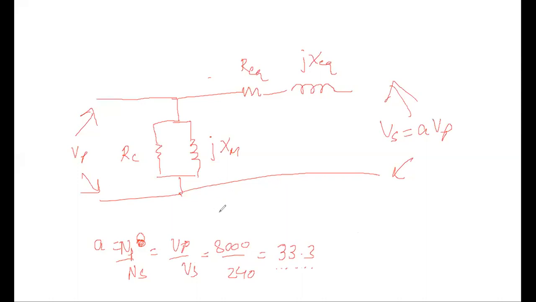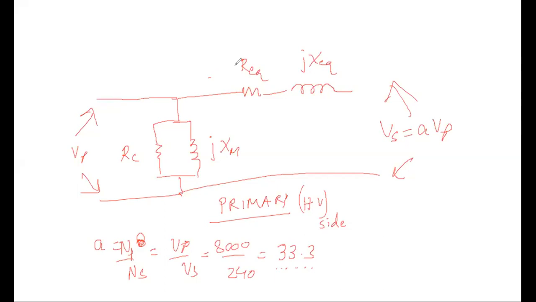Now we are making the equivalent circuit referred to the primary side, and the primary side is the high voltage side. Which test did we conduct on the high voltage side? We conducted the short circuit test on the high voltage side, so we conducted the short circuit test on the primary side.